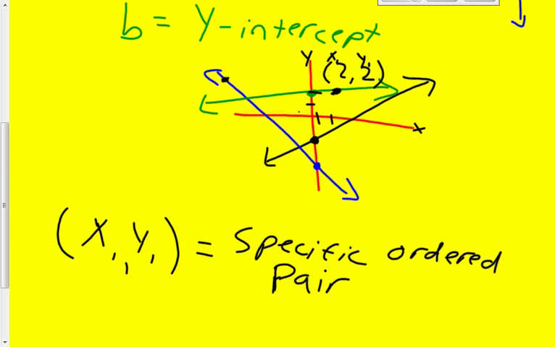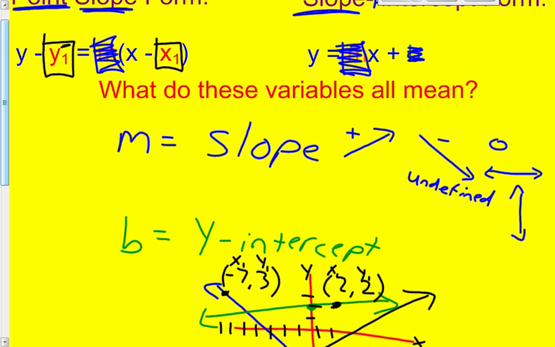Let's say it's left 1, 2, 3, 4, 5, 6, 7, and let's say it's up 1, 2, 3. So this is left 7, up 3. So this is a specific ordered pair. We would call this x1 and y1. It's strictly one x-coordinate and one y-coordinate. So it is a specific ordered pair. So that takes care of x1 and y1.